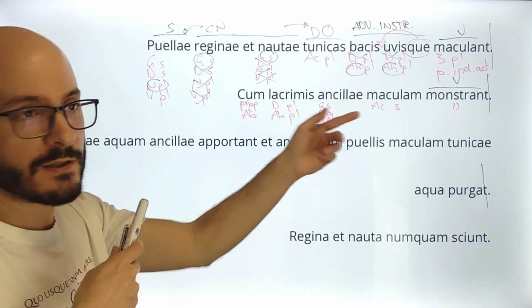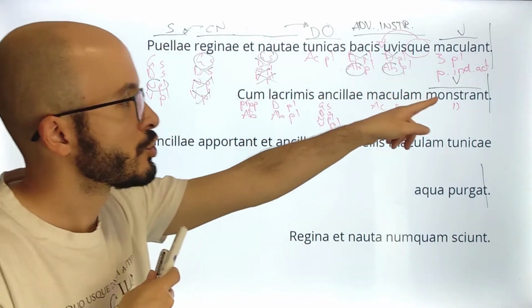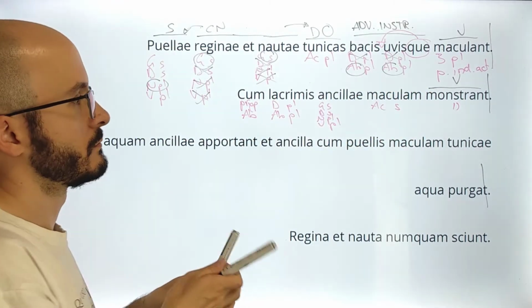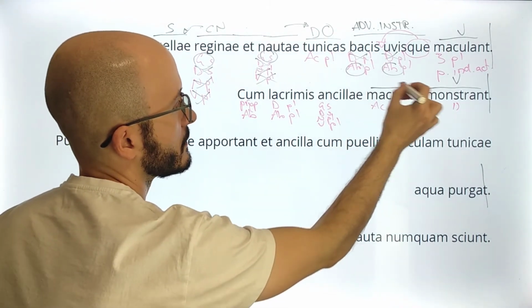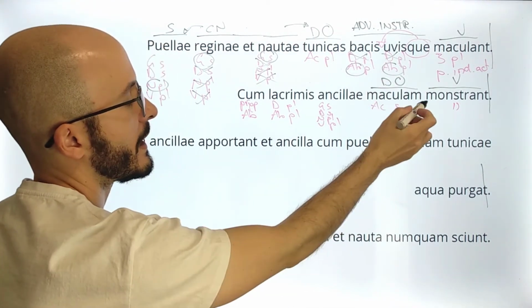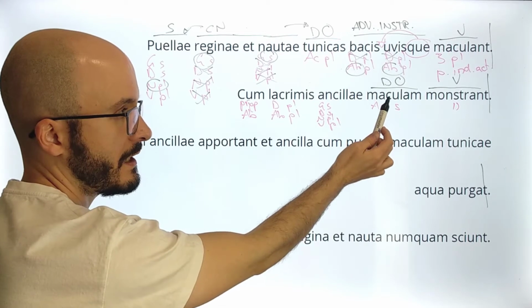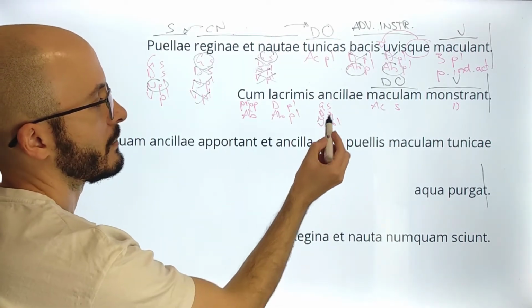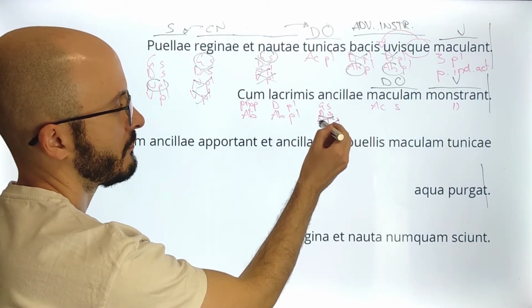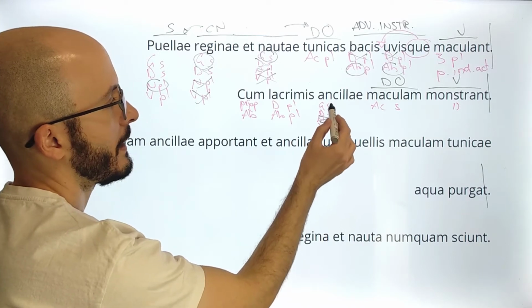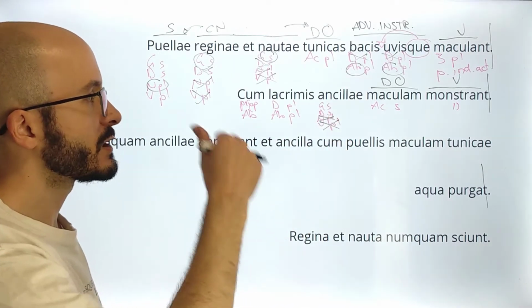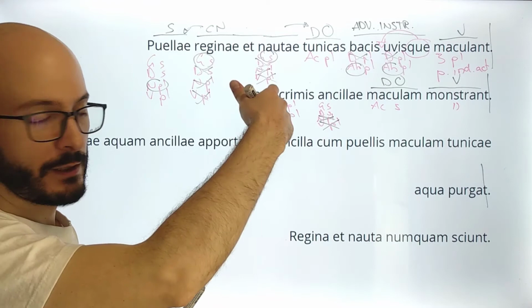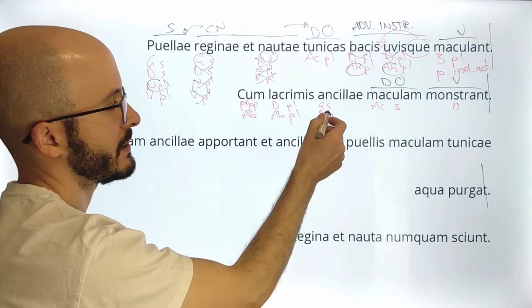They show. Who is they? The girls. They show. What do they show? Direct object. Accusative. They show the stain. And now, we said that this is not the subject, no vocative because no commas. And here we show something to someone. Here, dative.